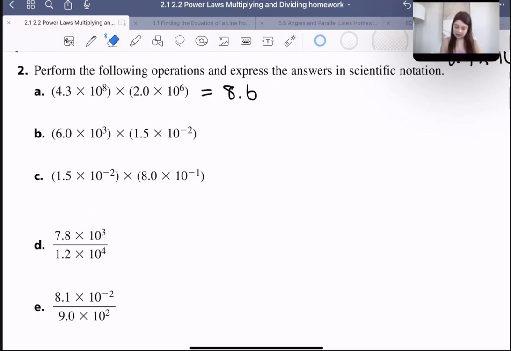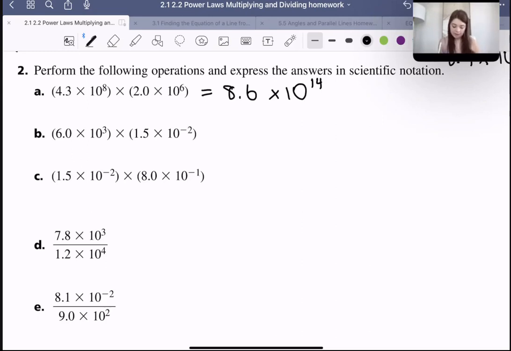So we're going to end up getting times 10 to the power of 14. And yes, this is scientific notation, right? We just have one digit to the left of our decimal, and everything else is on the right, which happens to only be one digit in this case anyway.